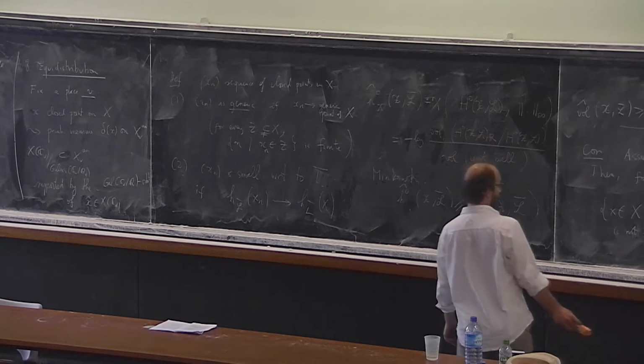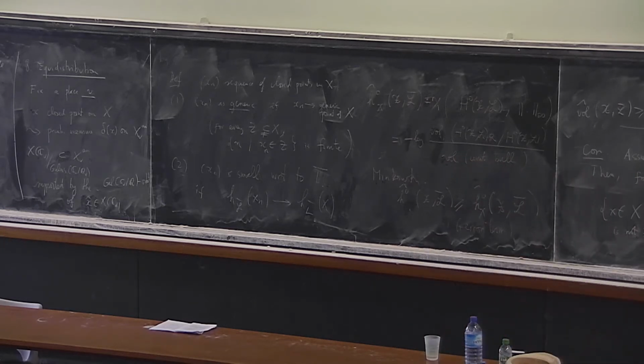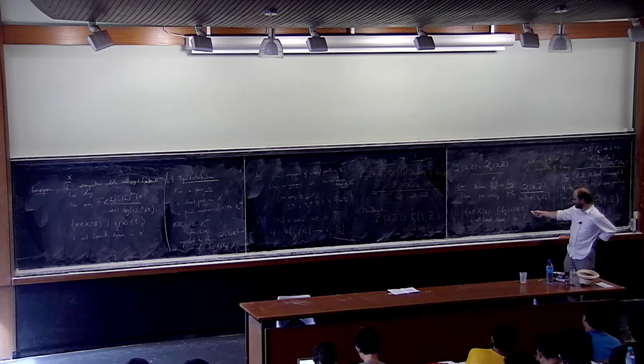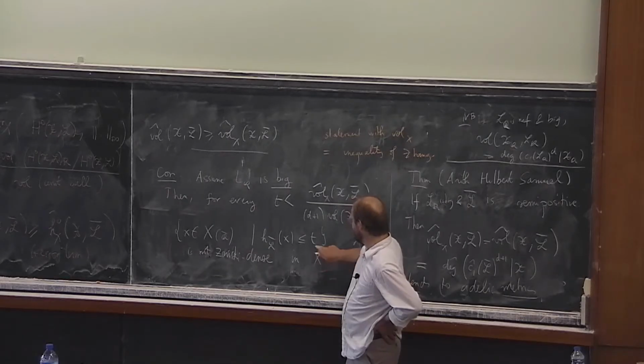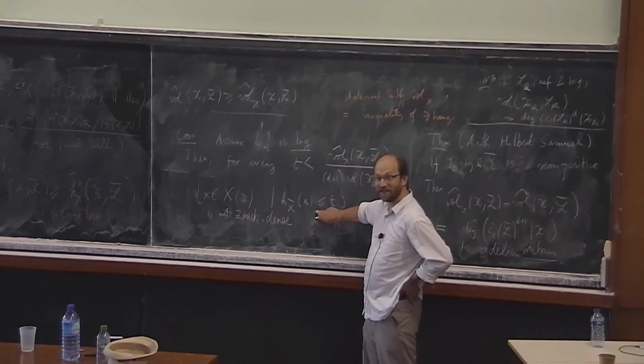And if you look at this, you observe that if you take this point Xn and apply the theorem for this Xn, then necessarily for n large enough, the heights will be strictly greater than t.